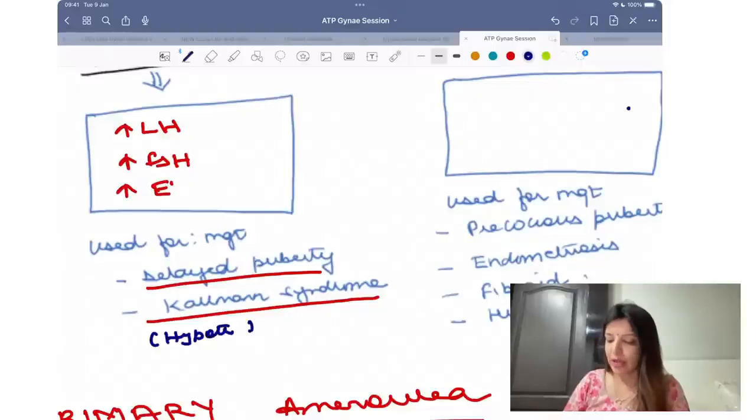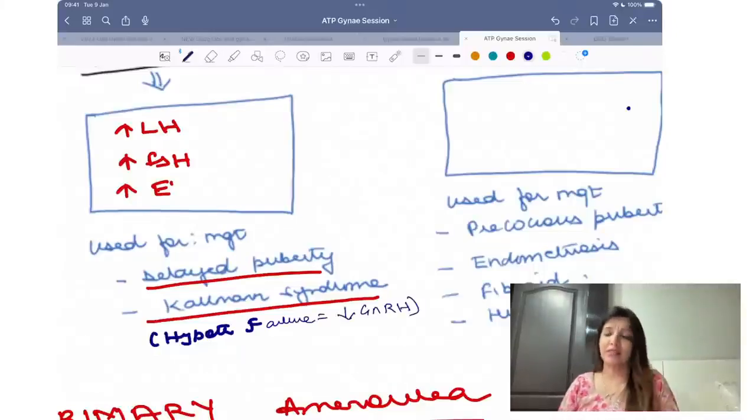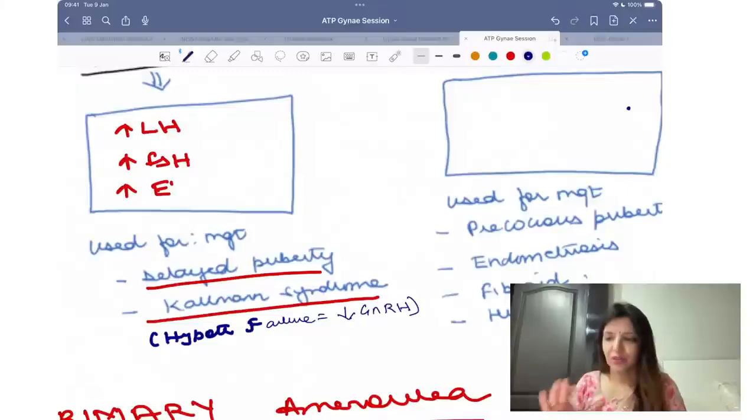There is decreased GnRH. So common sense tells me, if there is decreased GnRH, obviously I can give GnRH in a pulsatile manner, right?